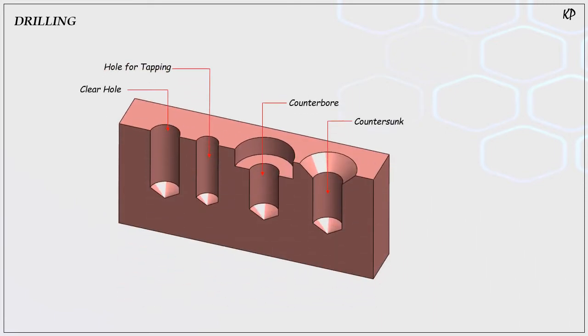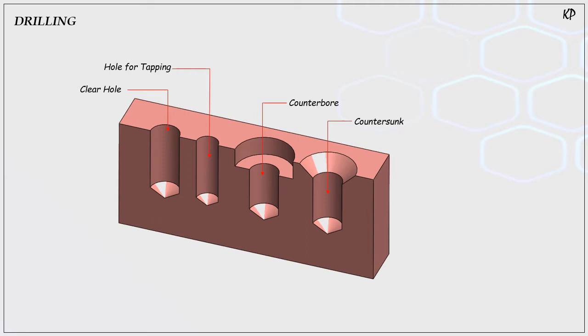So the next process is the drilling process. In the drilling process, we use a drill bit to produce a circular hole in our component. There are some hole types in drilling also, like clear hole, hole for tapping, counter bore or countersunk. Clear hole means when you have to pass the bolt without touching your metal, or to clamp two components, then one component should have a clear hole, and you can have a tapping on the other component. The next hole type is a tapping hole.